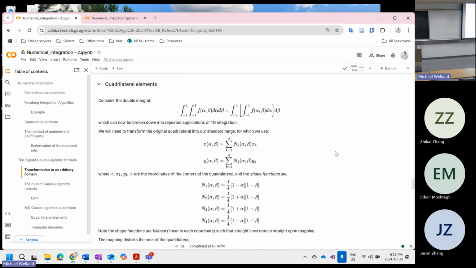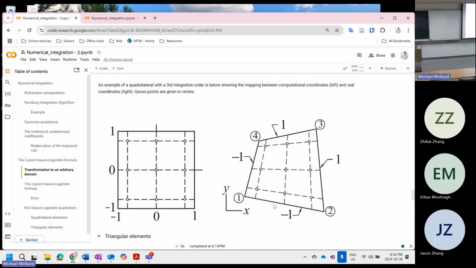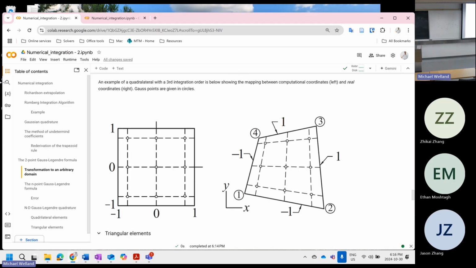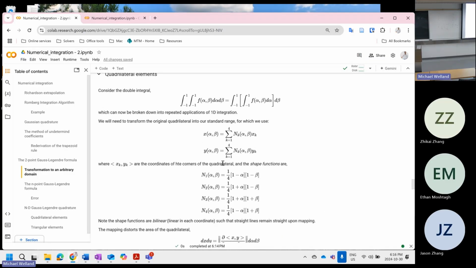First of all, you want to take whatever your quad element is and map it onto this square. I don't think this is called the unit square, right? I think unit square is explicitly 0, 0 to 1, 1. You want to map it onto the -1, 1 square. And then you can follow a similar procedure to find where your Gauss points are. All you need to calculate is what your function values are at those Gauss points.